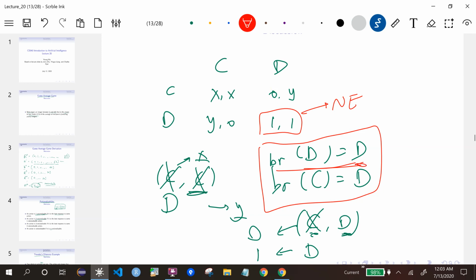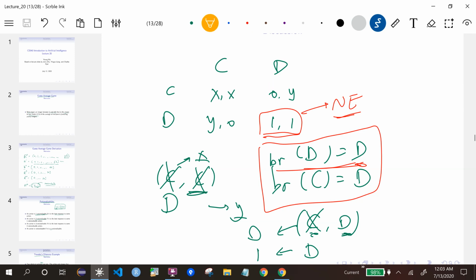So D is the dominant strategy and C is the dominated strategy. So the Nash equilibrium is also something called a dominant strategy equilibrium. But here we need some way that's faster than going through all the possible pairs and figuring out which one is a Nash equilibrium.